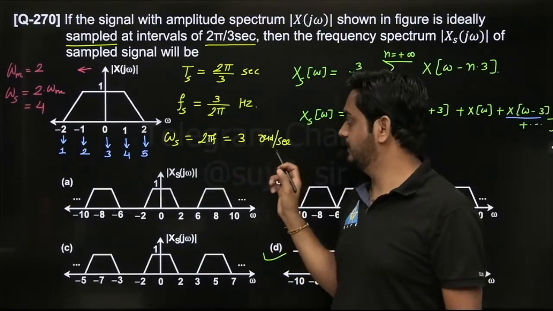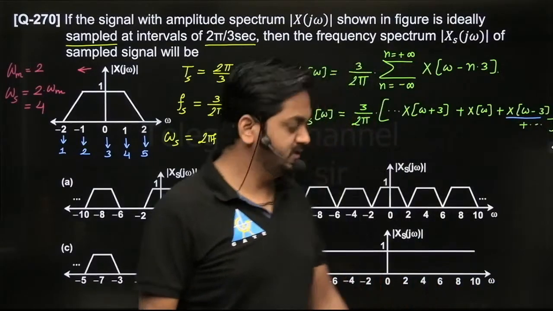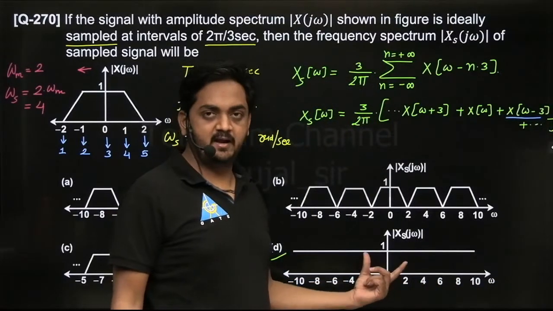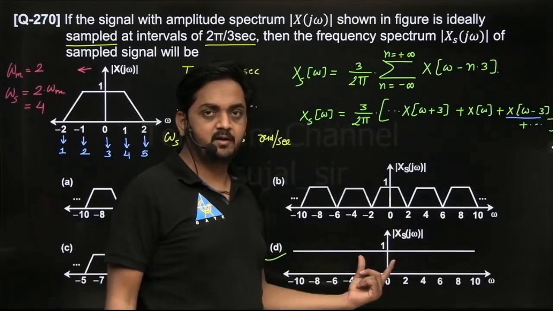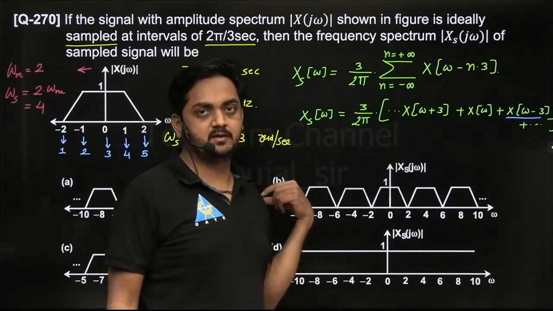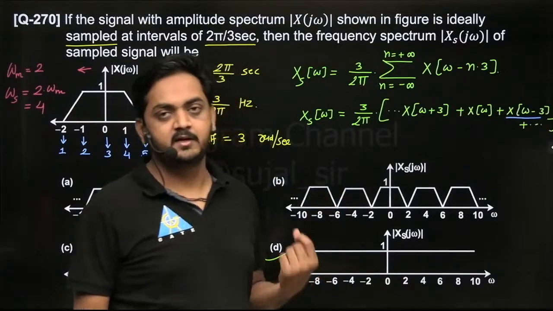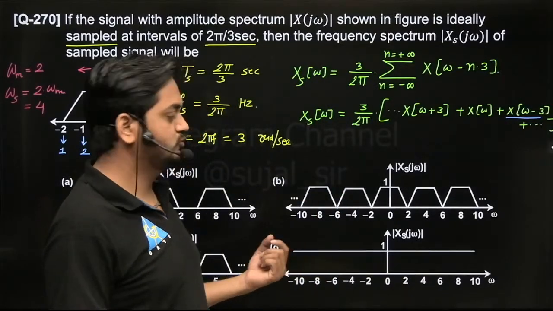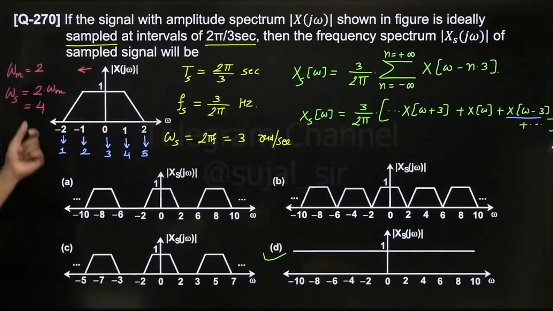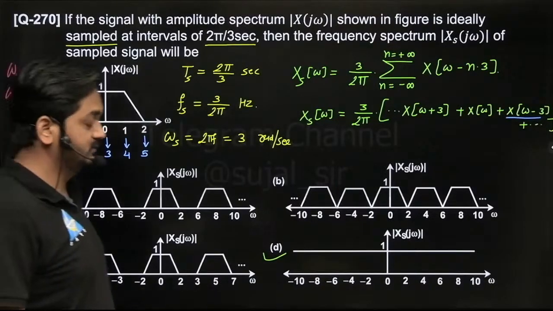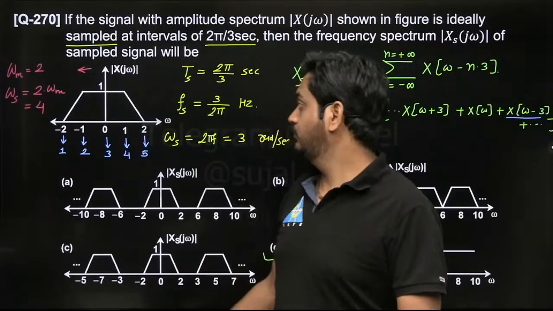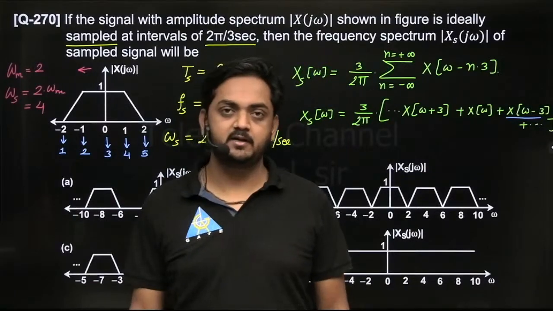That's why you are getting this type of output, and from this output of the sampler you cannot reconstruct the original signal, because this is undersampling. The sampling frequency should be minimum twice omega m, the Nyquist rate. So remember this thing.